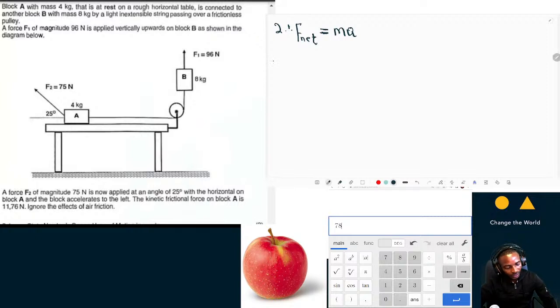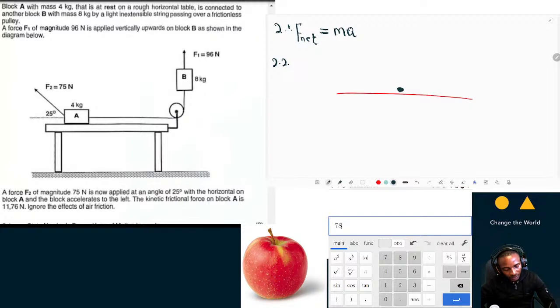Okay, now 2.2, we need to draw a labeled free body diagram for block A. Let's first draw our surface using the red pen. So that's our rough surface. Then on top of this rough surface, we have a block.